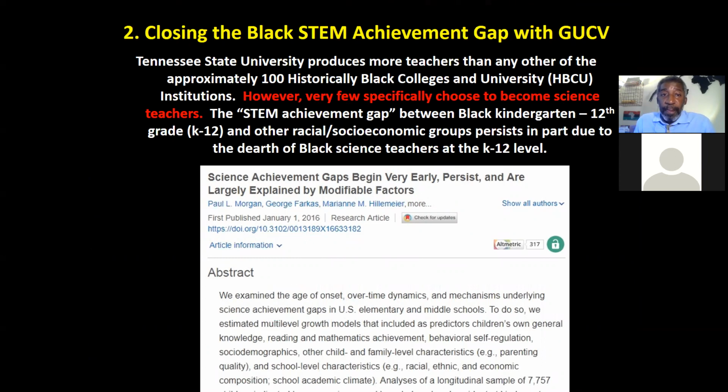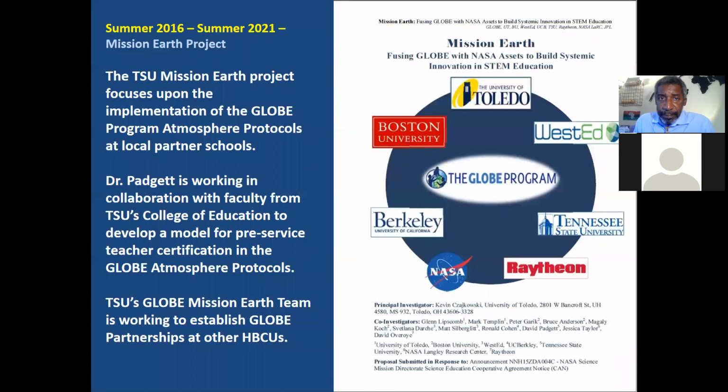And so our project is extended for another 5 years. We've been with this project for 5 years. We have a number of partners. We're the only HBCU that's involved in this part of the Mission Earth project that is funded by NASA.